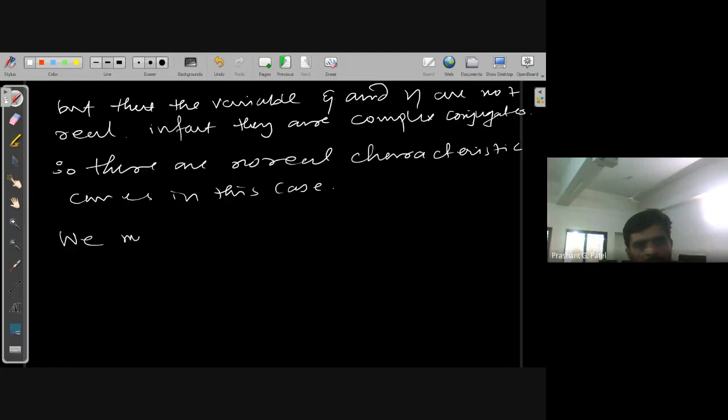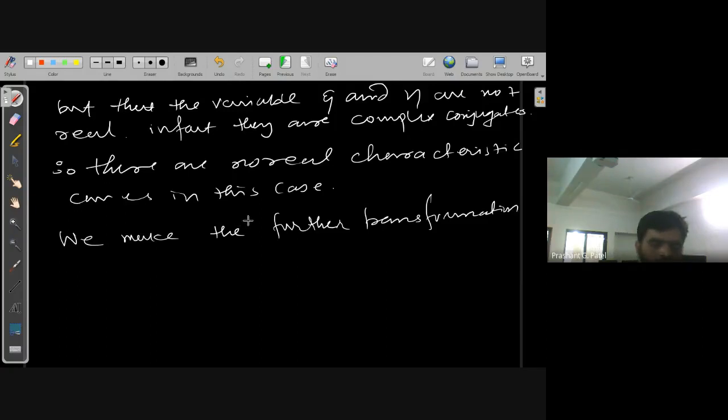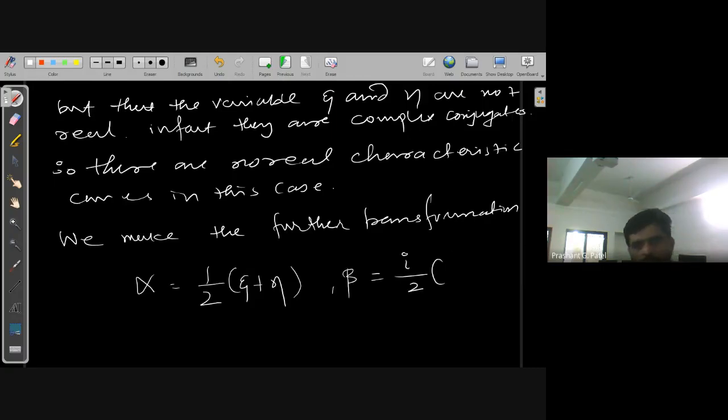We make a further transformation. That means we substitute alpha as 1 by 2 times xi plus eta, which is the real part, and beta as i by 2 times eta minus xi, which is the complex part.